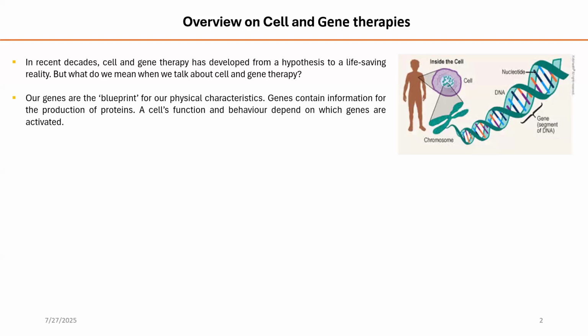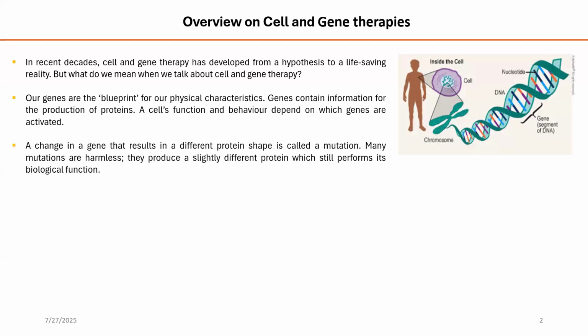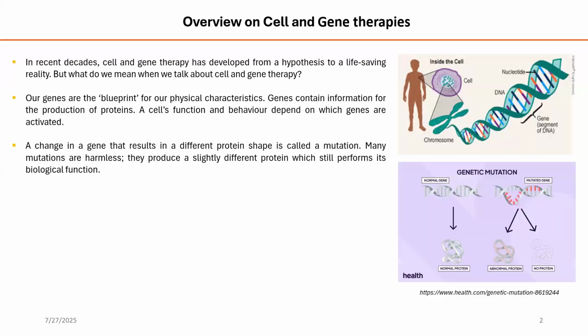The genes contain information in the form of DNA for the production of proteins. A cell's function and behavior depend on which genes are being activated. A slight change in a gene that results in a different protein shape is known as a mutation. Most mutations are harmless, where they produce a slightly different protein, but it still performs its biological function.